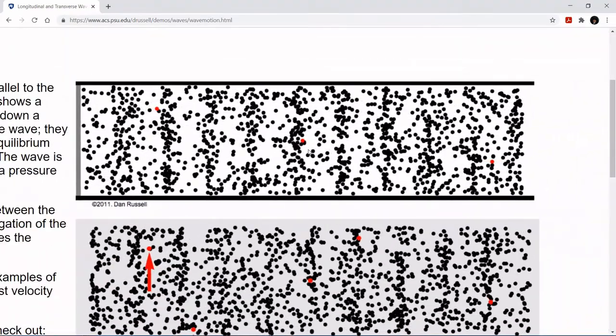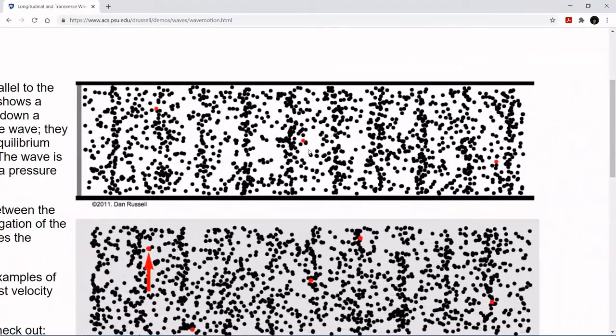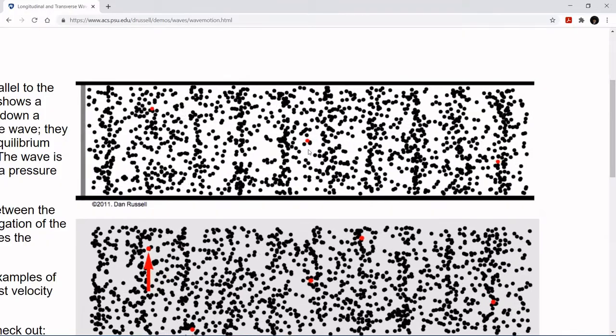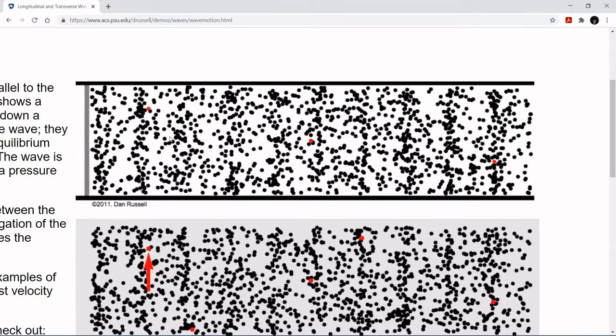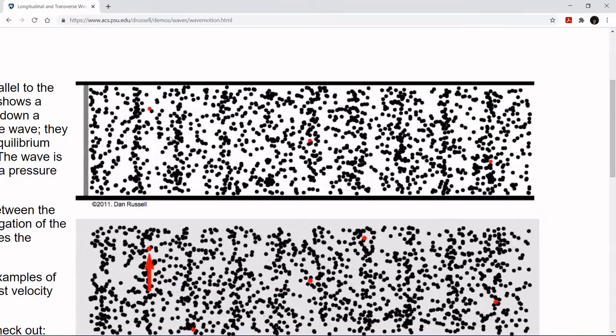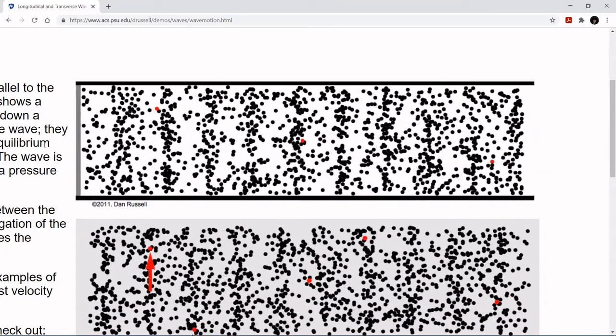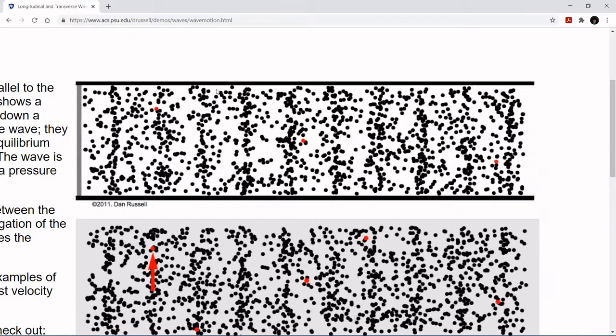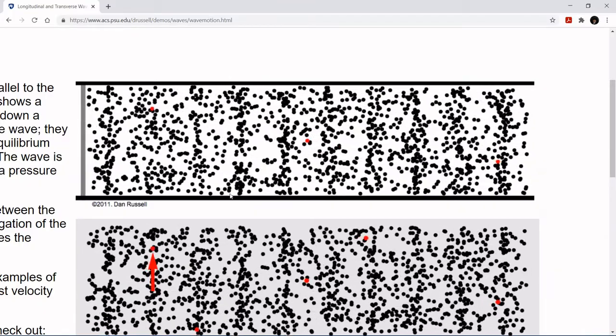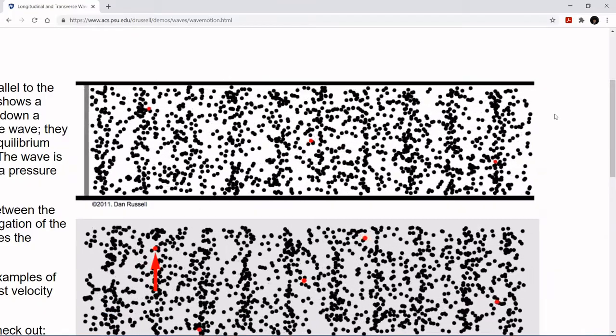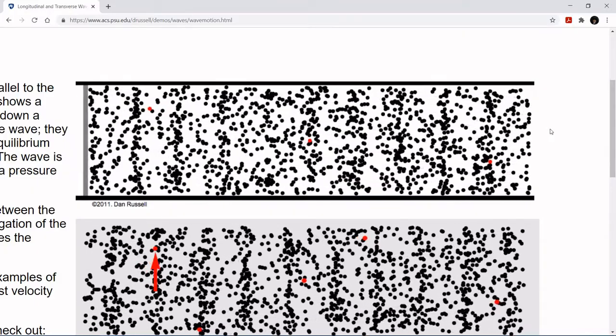And the first thing I'm observing is that it's almost like an optical illusion. When you first glance at this top simulation, it gives you the impression that there's bulk motion of the matter from left to right. It looks like there's a column of atoms here that's actually traveling from one end of the tube all the way to the other, but that's really not the case.